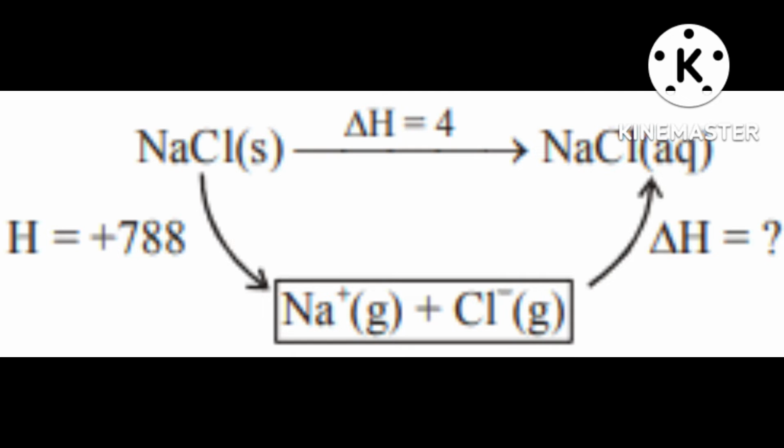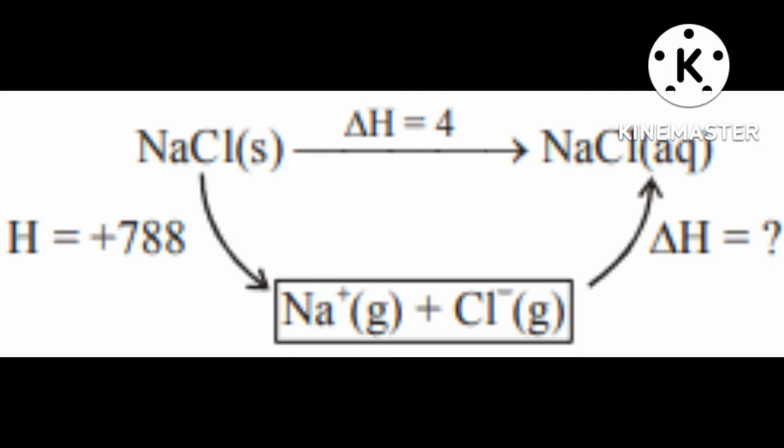So the Born-Haber cycle is the indirect method to measure the lattice energy. Don't forget this. It applies to NaCl or any other salt, but here we will discuss NaCl.